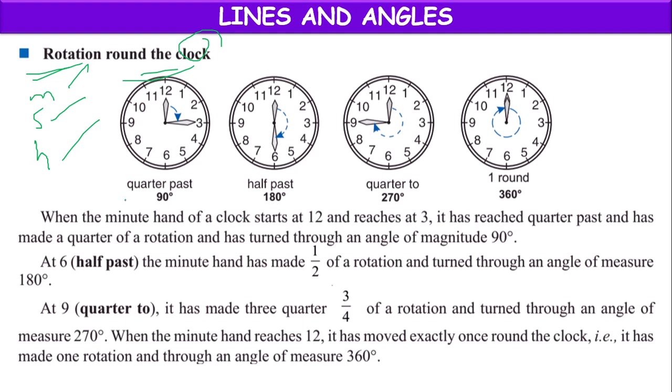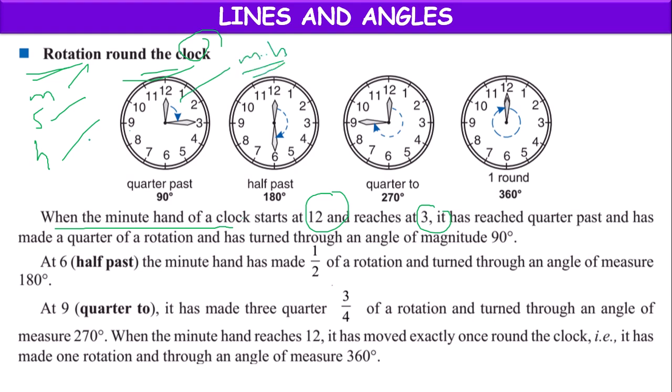So here, based on the clock and based on the hands, we have to represent the time. The minutes hand of a clock starts at 12 and reaches 3. In the diagram, they have mentioned only the minutes hand, children.